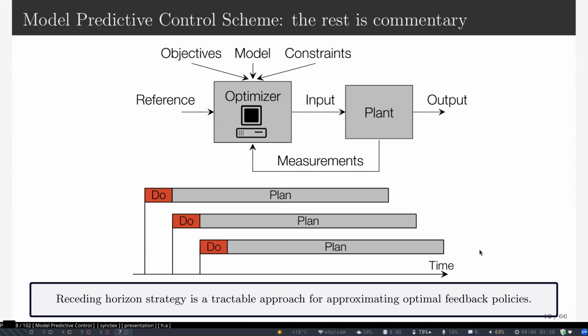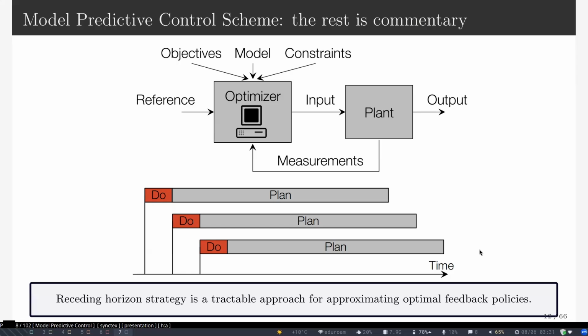And then what it does, over some finite horizon, it calculates a plan of how things ideally would pan out. It implements the first step, and then sits back and observes what happens to the system. Collects measurements again, and then devises a new plan, implements the first step, and ad nauseam it continues.